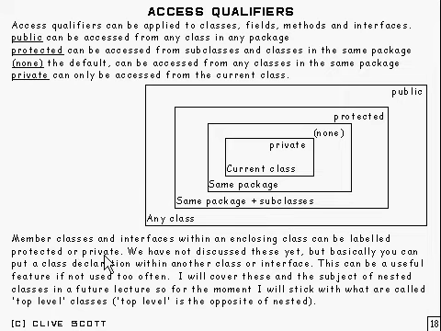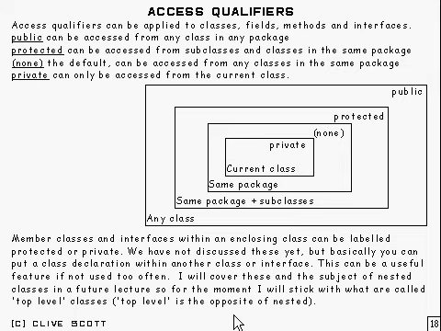But basically you can put a class declaration within another class or interface, just like you can put method declarations in. And this can be quite useful if you don't overdo it. And I'm going to cover all these and the subject of what's called nested classes in a future lecture. So for the moment, I'm just going to stick with what are called top level classes, which is what we've seen so far. Top level is the opposite of nested.